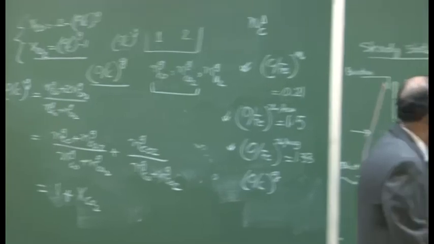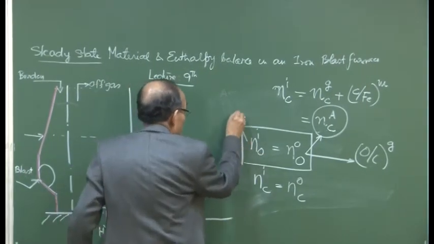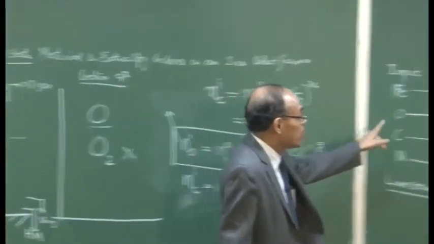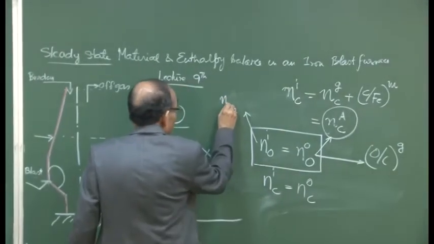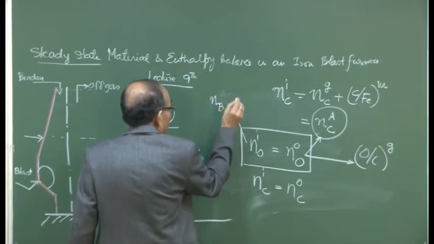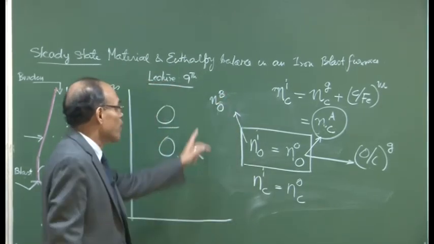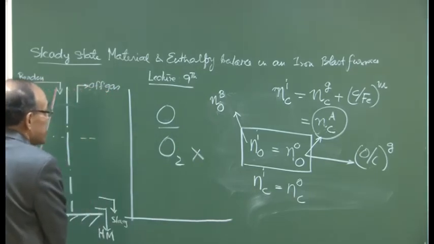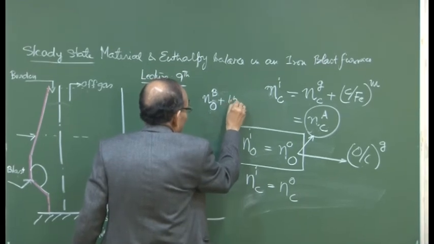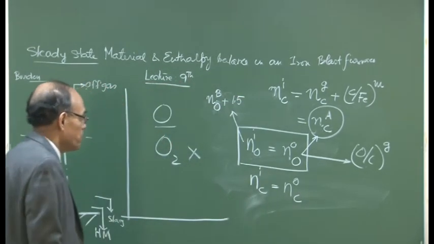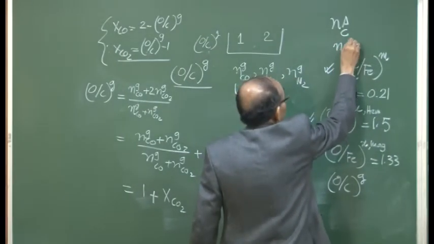If we write oxygen input here, then we will see oxygen input comes from two parts: the oxygen comes from iron ore and blast. So NOB is the moles of oxygen in the input, so we will write NOB per mole of iron, and that is another parameter, and then we have oxygen coming from iron ore, per mole basis is 1.5, that is the input term. So NaC we have introduced and NOB we have introduced.